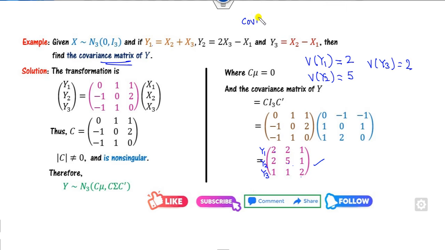You can also find the covariance between y1 and y2, which is 2, and the covariance between y2 and y3, which is 4, and so on. So this is the way you can solve this in a simple manner.